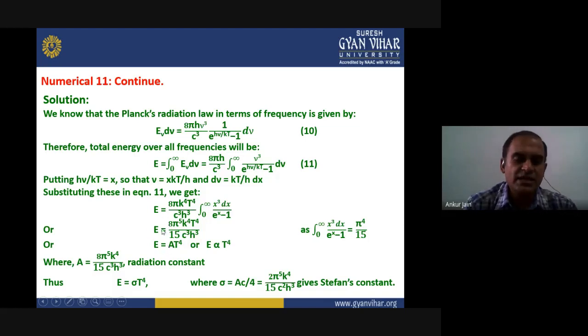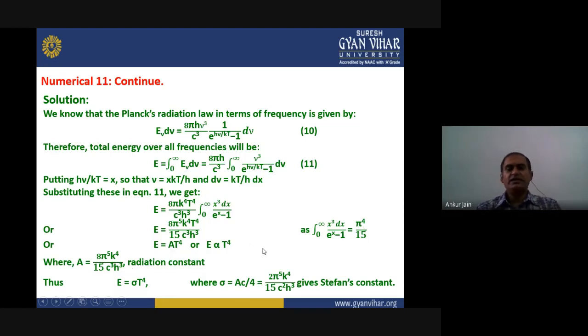So we can replace all these by another new constant, that is E equals a T to the power 4, where a is equal to 8 pi to the power 5 into k to the power 4 divided by 15 c cube h cube. Because this is a proportionality constant, E is proportional to T to the power 4, where a is known as the radiation constant, right?